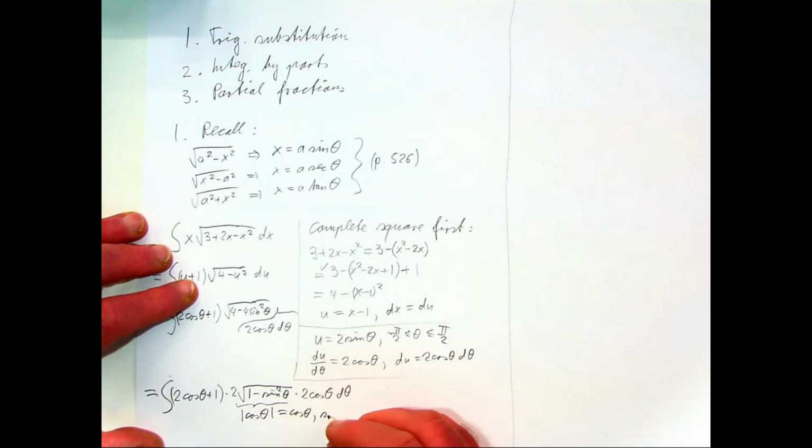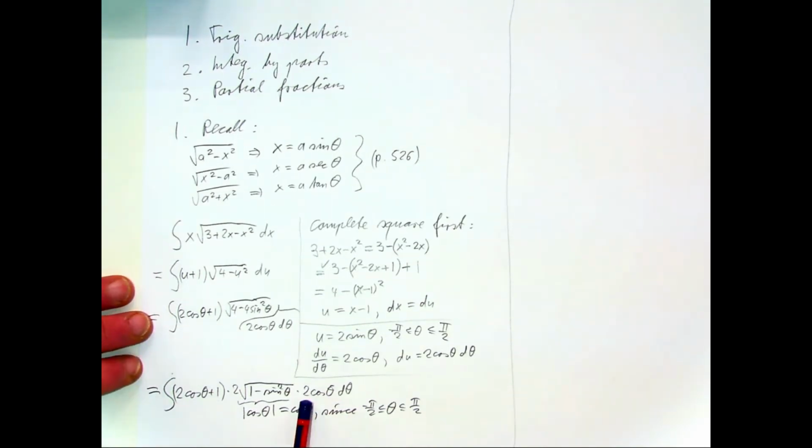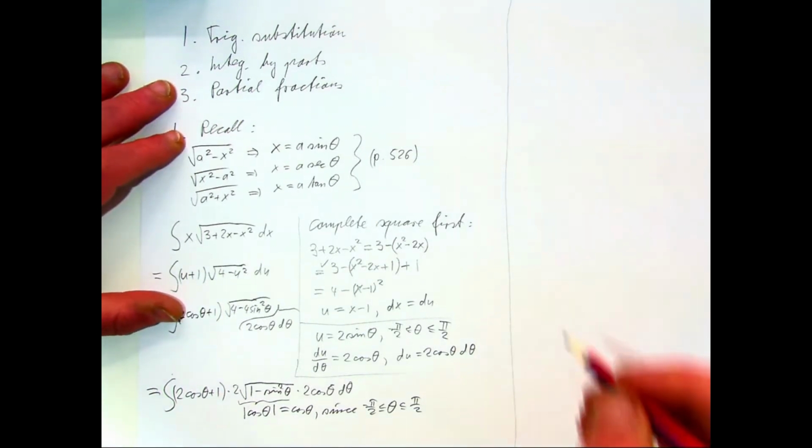Let's write it. Since we are in this interval here, that looks good. I have a cos here and a cos here. I have a factor 2 here and a factor 2 here. The 2 I take in front. Maybe I start a new page here.